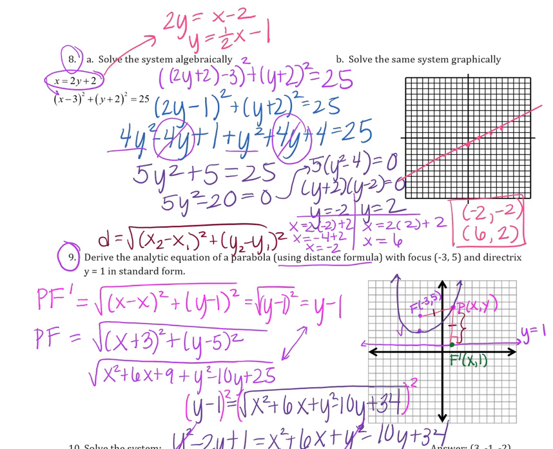And then I'm going to graph my circle. Now this circle has a center at 3, negative 2. So I'm taking the opposite signs here and a radius of 5. So let's look. 3, negative 2. 1, 2, 3. So here's my center. And then I have a radius of 5. I'll zoom in here.